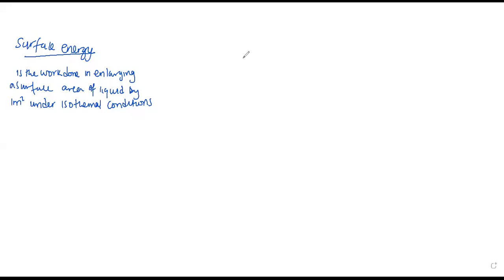So if you do work in enlarging a surface area of 1 meter squared of the liquid under a constant temperature, then you are doing what we call surface energy, or the work done against surface tensional forces.